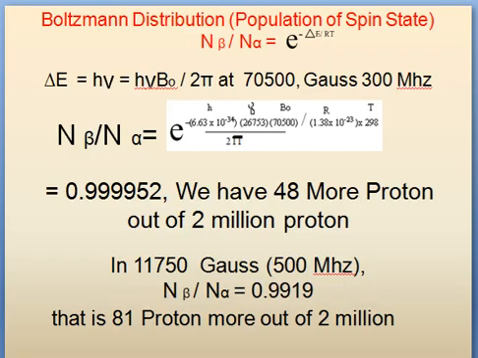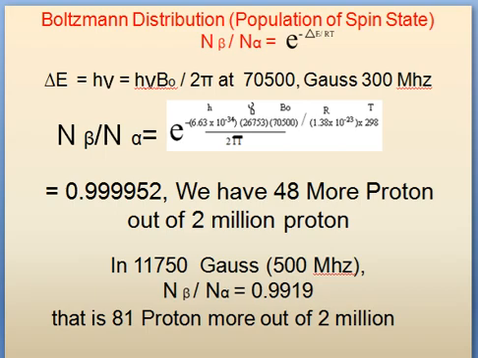We know the Boltzmann distribution is n beta by n alpha. In this ratio, the other factors are divided on both sides, upper and lower, by the same.